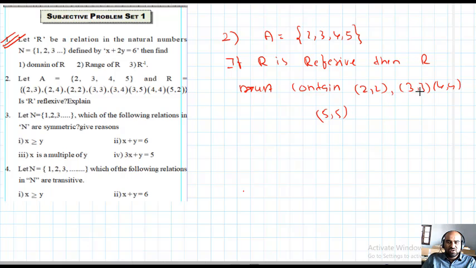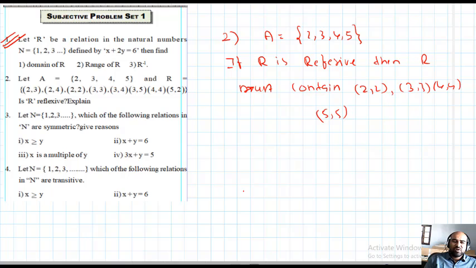2 comma 2, 3 comma 3, 4 comma 4, 5 comma 5. If R is reflexive, then R must contain 2 comma 2, 3 comma 3, 4 comma 4, 5 comma 5. Contain, that is not a big problem. So, this must and should, 2 comma 2, 3 comma 3, 4 comma 4, 5 comma 5, some extra.